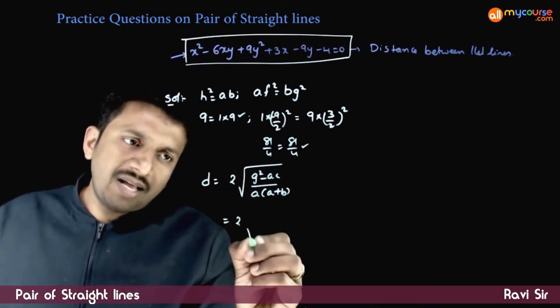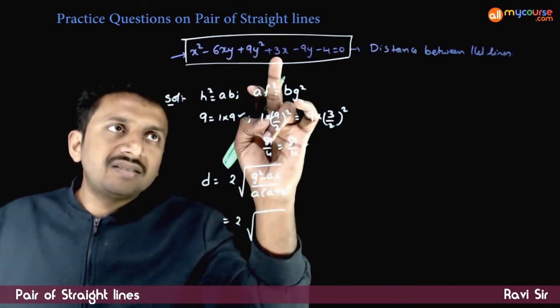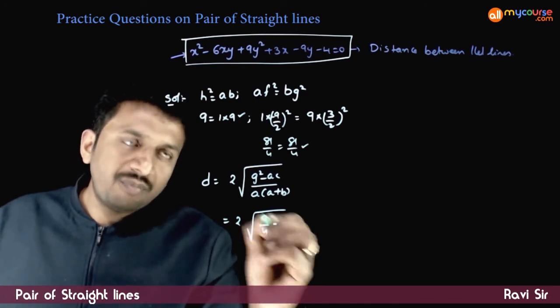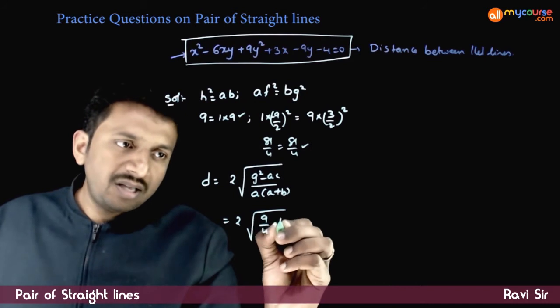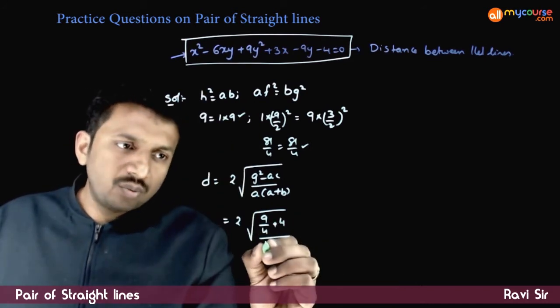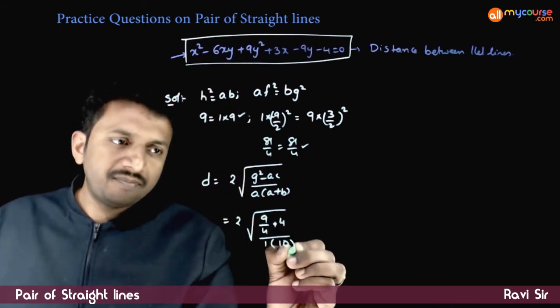That is equal to 2 times root of g square. g is 3 by 2, so g square is 9 by 4, minus ac. 1 times minus 4 is plus 4, divided by a, which is 1, times a plus b, which is 10.